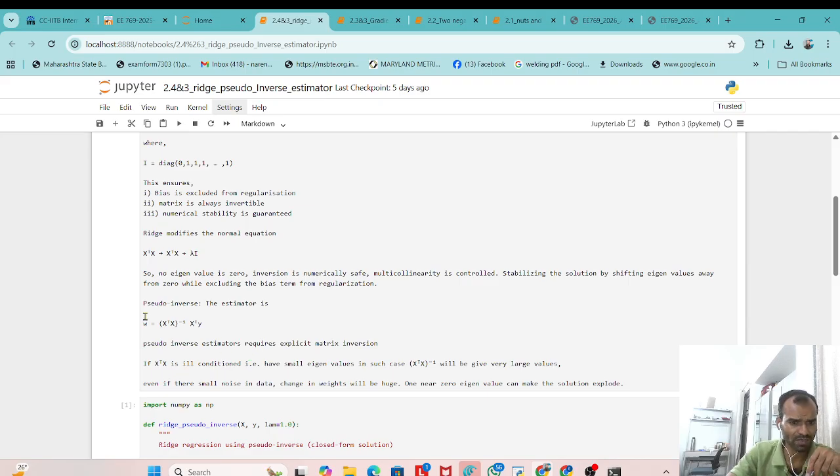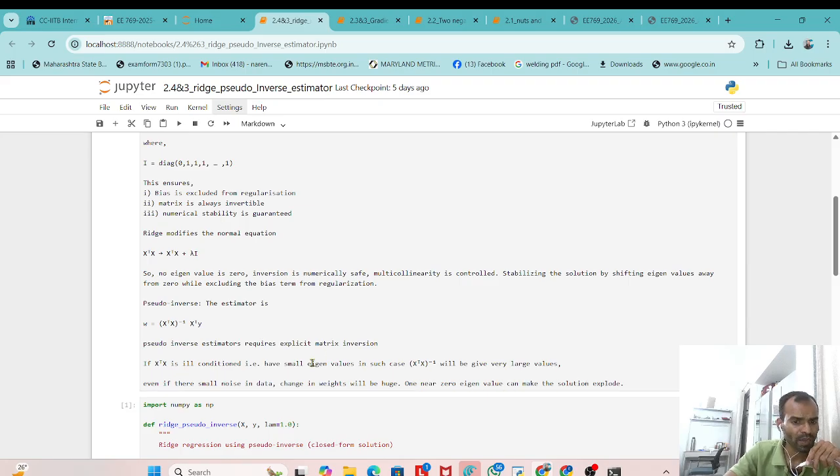If there are small eigenvalues, this gives a large value. If there is small noise, even under that condition the weight will be huge. So one near zero eigenvalue can make the solution explode.